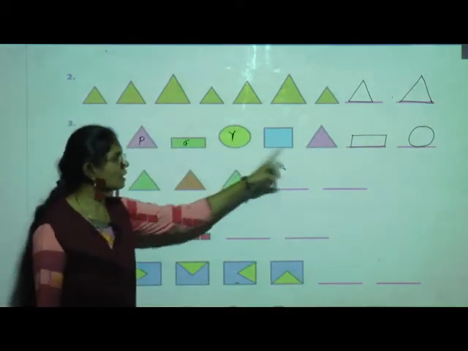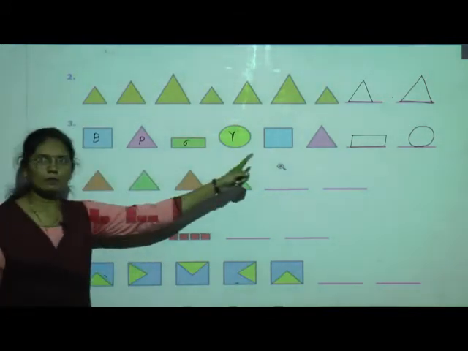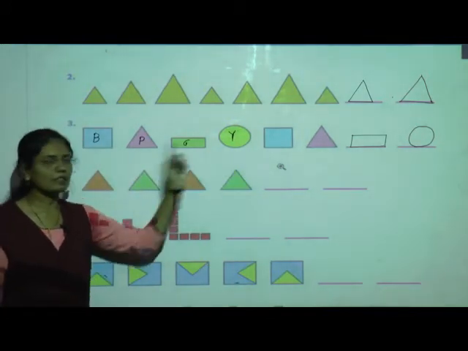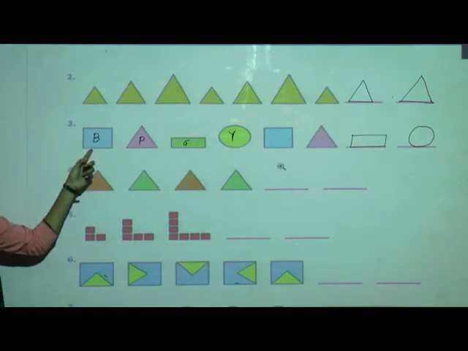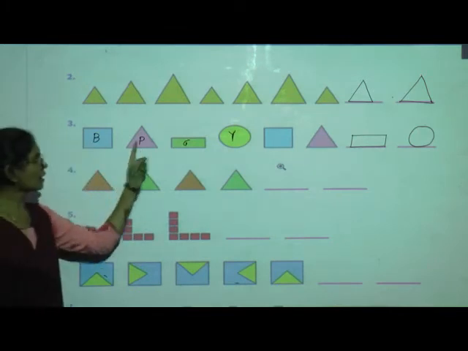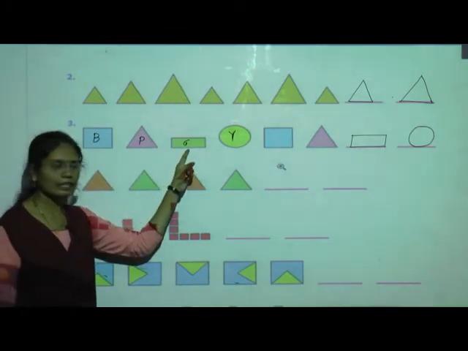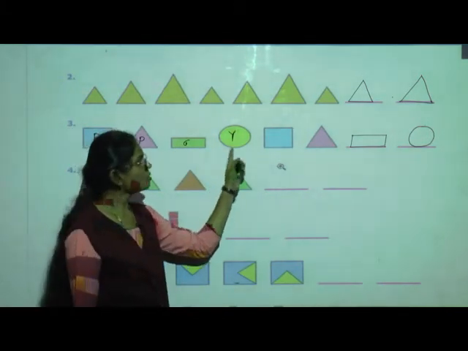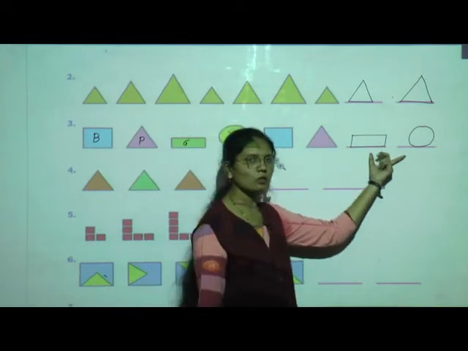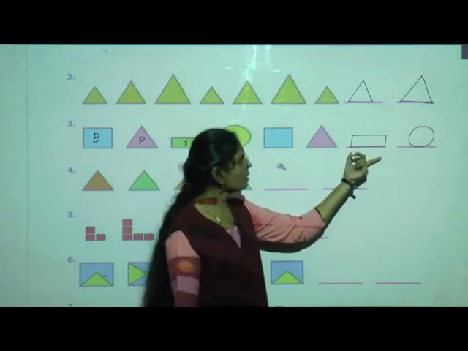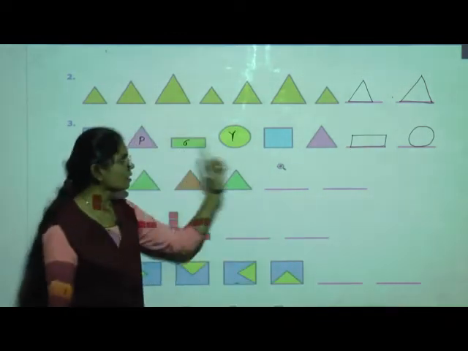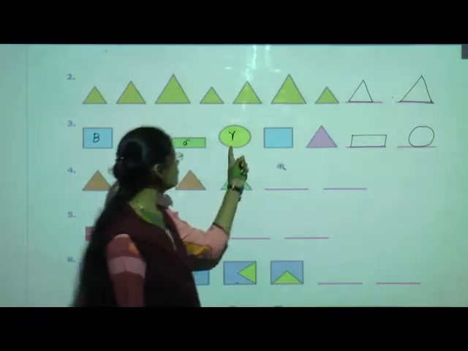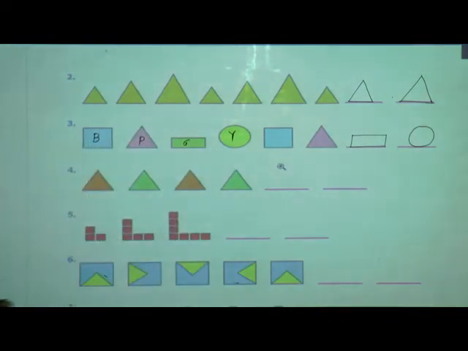So in this way we can draw the next shapes to complete the pattern. Blue color square, pink color triangle, then rectangle is there with green color and circle with yellow color. So in this way you complete these two shapes. Draw rectangle and fill the color green and draw one circle and fill the color yellow.